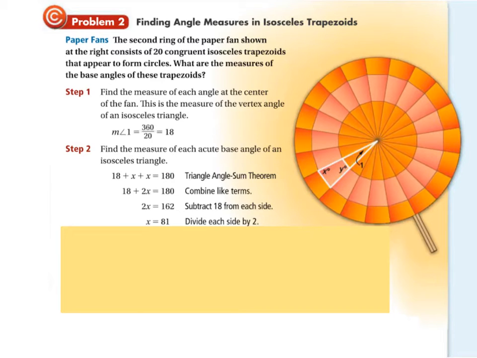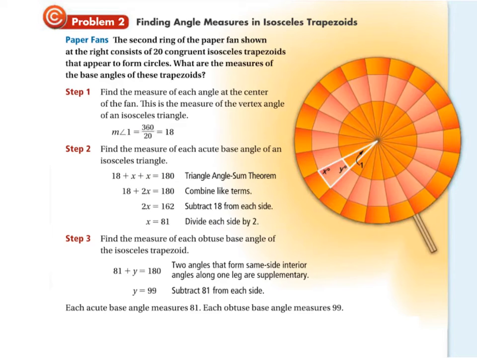And remember, since this is a trapezoid, we've got these sides parallel, which means that one of these vertex angles and one of these vertex angles together will be supplementary. So, what do we get there? 99 degrees for y, okay? How about yours?